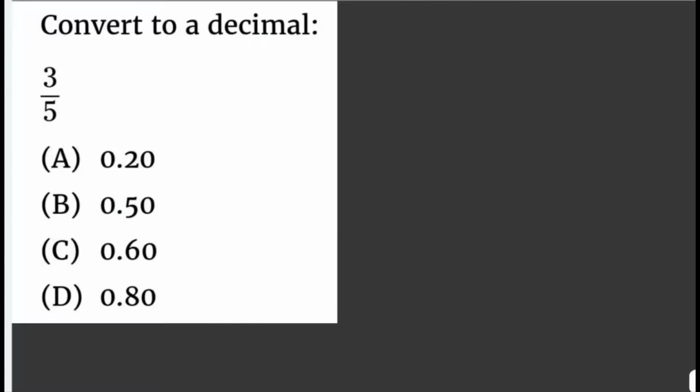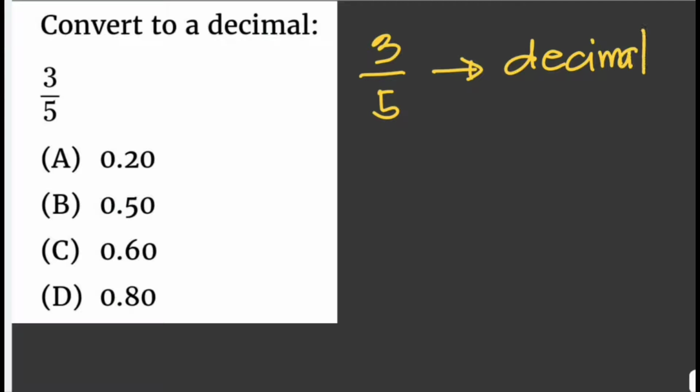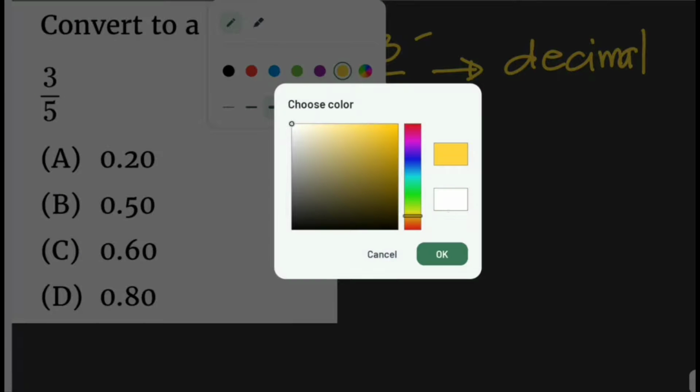Convert to a decimal. The given fraction is 3 over 5, and then we convert this to a decimal. So how do we convert a fraction to a decimal? To convert a fraction to a decimal, we just divide the numerator, or the top number, by the denominator, or the bottom number.